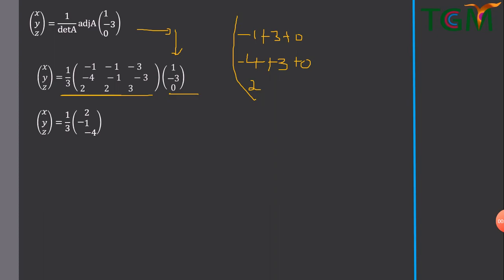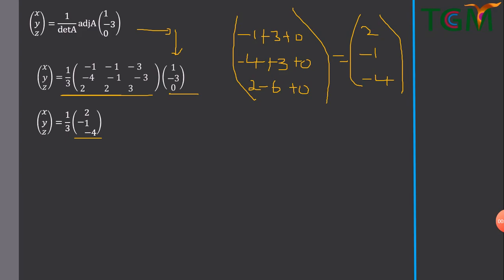And 2 multiplied by negative 3, that should give us negative 6. 3 multiplied by 0, that should give us 0. And that should give us negative 1 plus 3 plus 0, that should give us 2. Negative 4 plus 3, that should give us negative 1. 2 minus 6, that is negative 4. And this is how we are getting this.